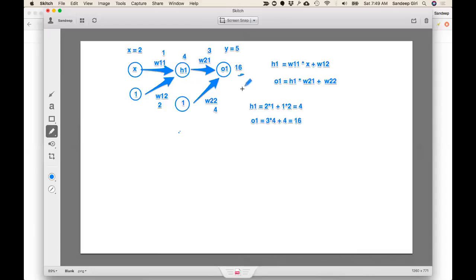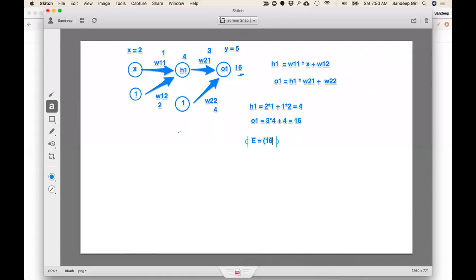What we do next is, since we want to tweak these weights, we want to find out how our error is varying with respect to the weights. Generally, the way we compute error is mean square error.